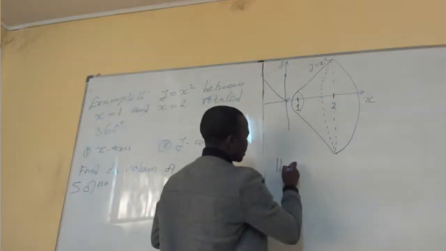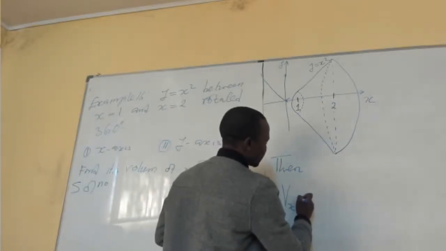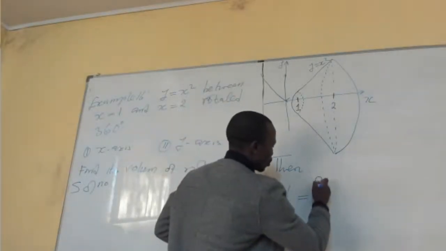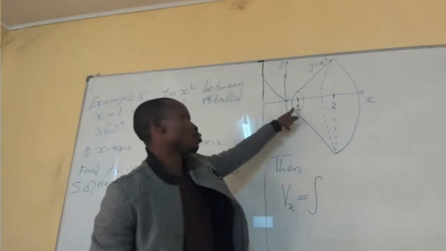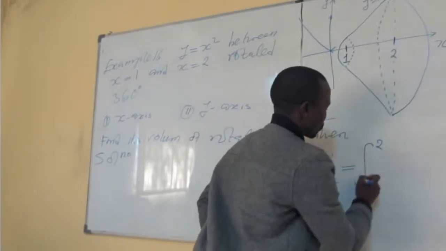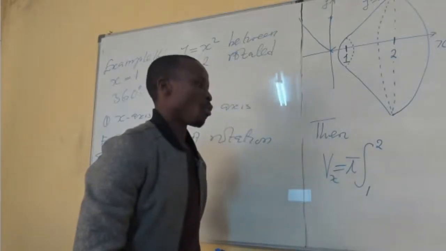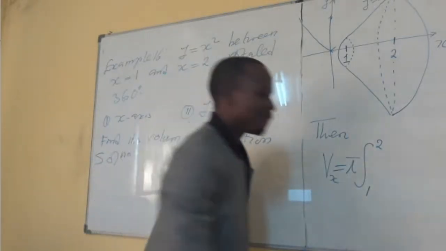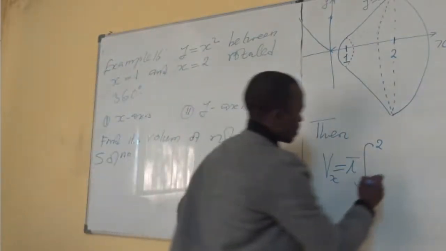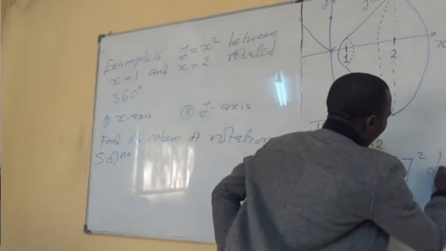Then the volume of revolution with respect to the x-axis of this function is equal to the integral, from a to b, which is from 1 to 2, so it is equal to pi times the integral from 1 to 2 of the square of the function.